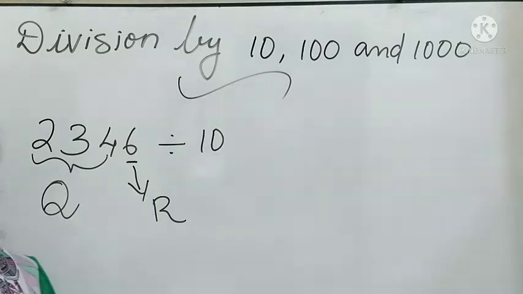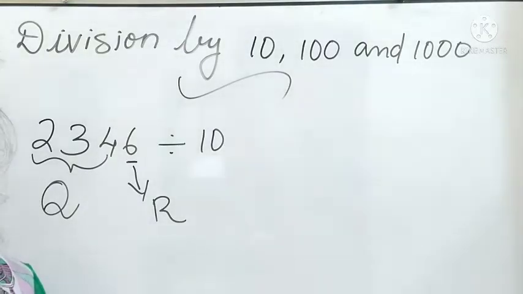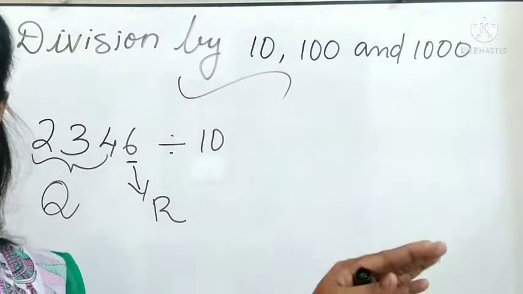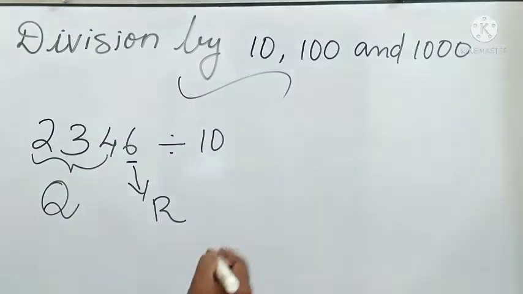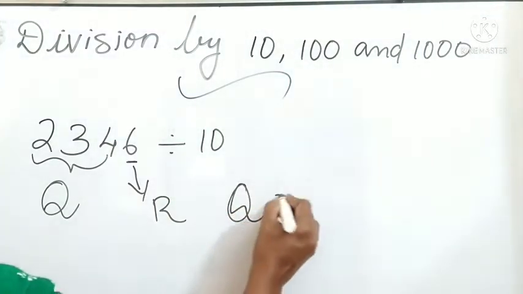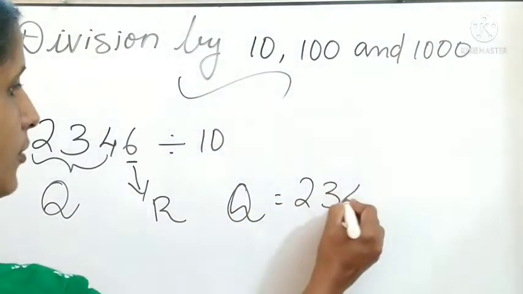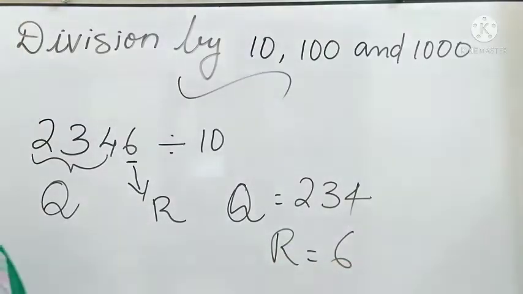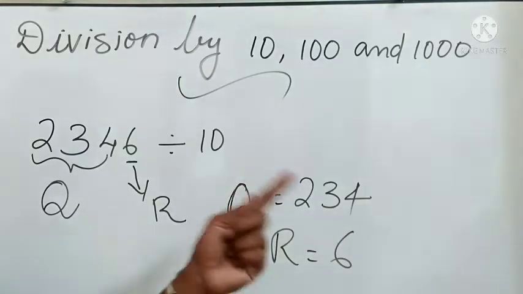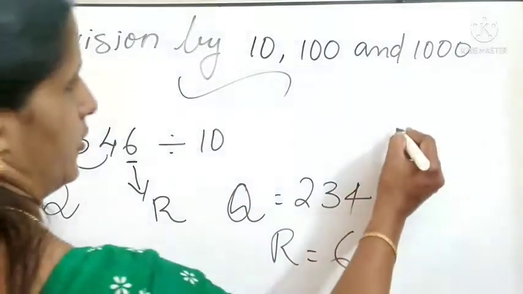When dividing a number by 10, the ones place goes to the remainder and the remaining places go to the quotient. So here the quotient is equal to 234 and the remainder is equal to 6. Is it right? Yes, let's check your answer.